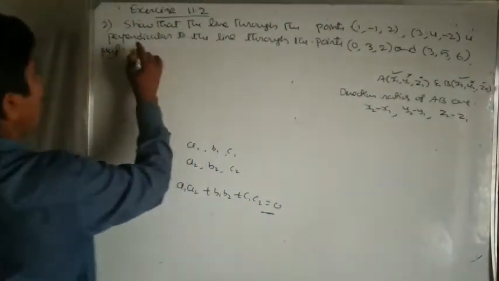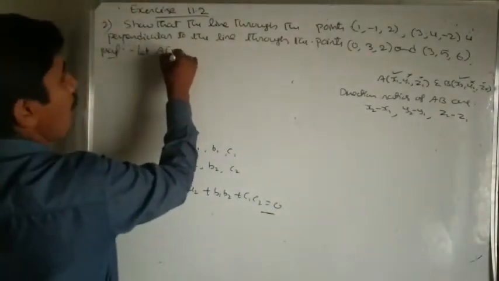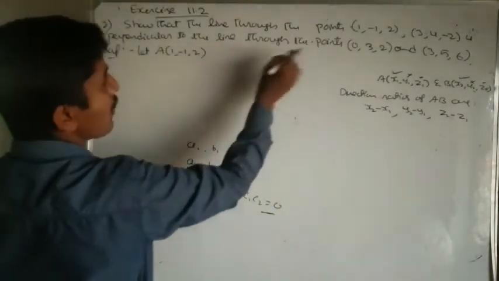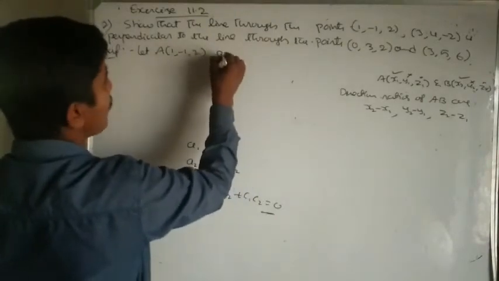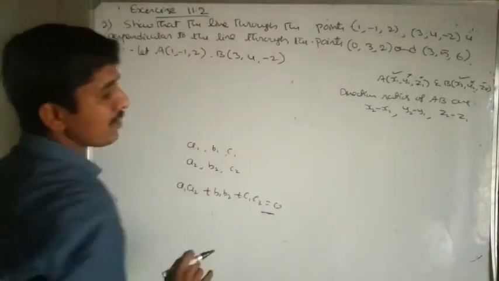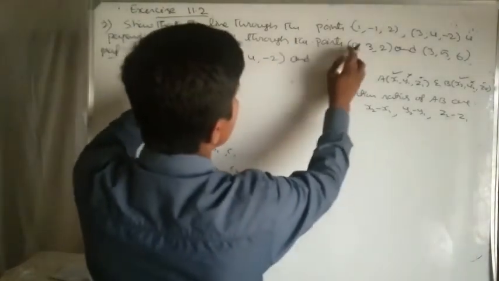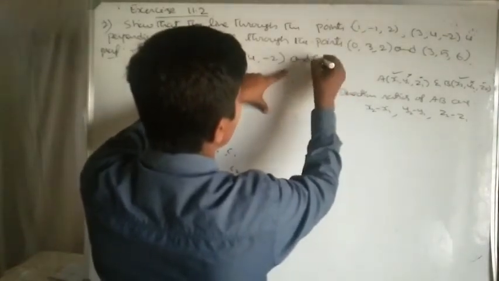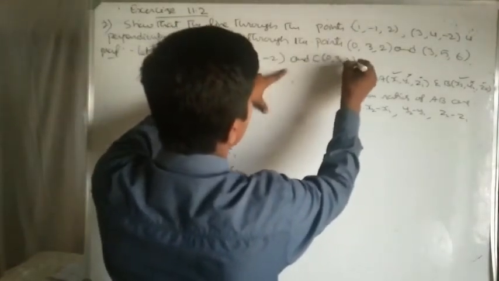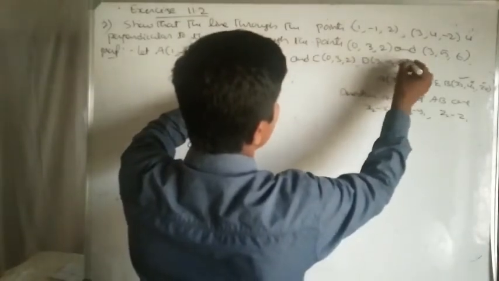Let the first point A be 1, -1, 2, and B point 3, 4, -2, and C point 0, 3, 2, D point 3, 5, 6.